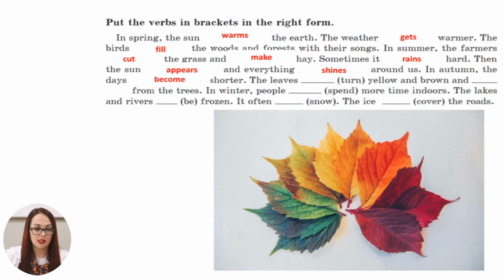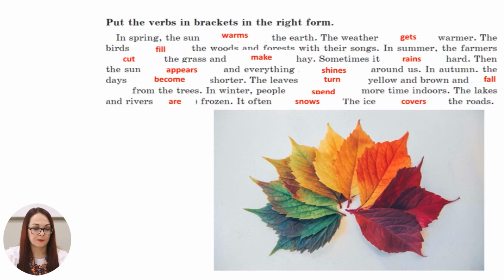The leaves turn yellow and brown and fall from the trees. In winter, people spend more time indoors. The lakes and rivers are frozen. It often snows and the ice covers the roads.